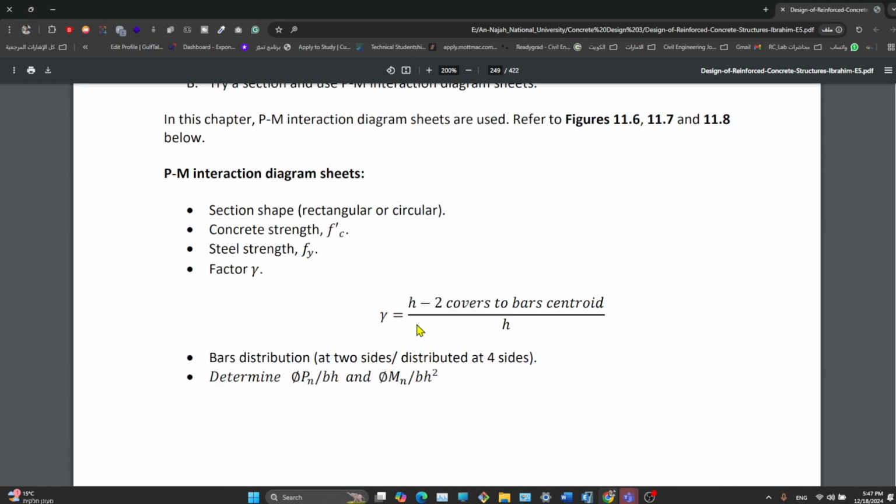Now simply, gamma is equal to h if we know the center to center distance of the bars, but we didn't yet find the design, right? So we need to compute it. Gamma is equal to h minus 2 covers, to the bars' centroid, the center cover, not the clear cover, over h, the side wall distance.